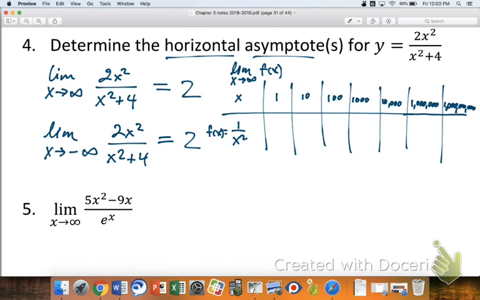So then as I plug in, what's the output for 1? 1. And for 10? 100. For 100? 10,000. And then 1,000? 1 million. And then 10,000? 1 with 8 zeros. 1, 2, 3, 4, 5, 6, 7, 8.